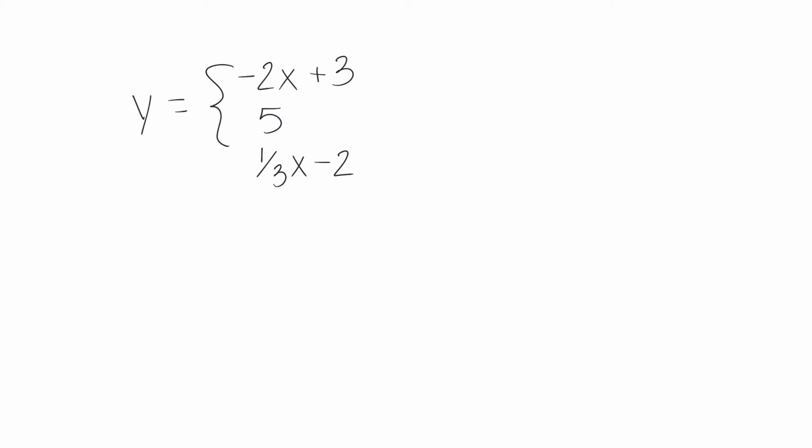And let's say this happens when x is less than -1, and y equals 5 when x is greater than -1 and less than or equal to 1. And 1/3 x happens when x is greater than 1.